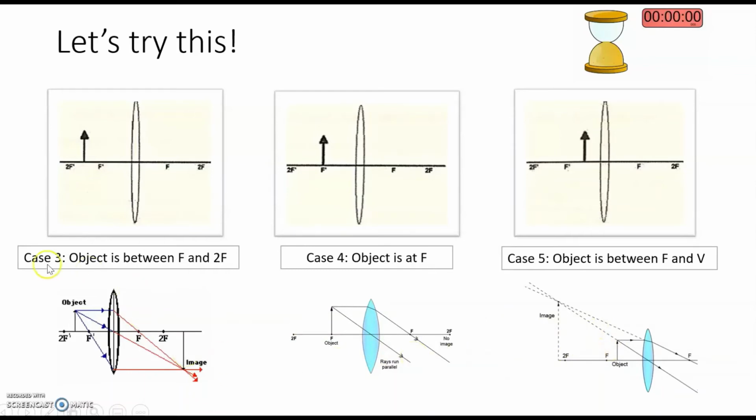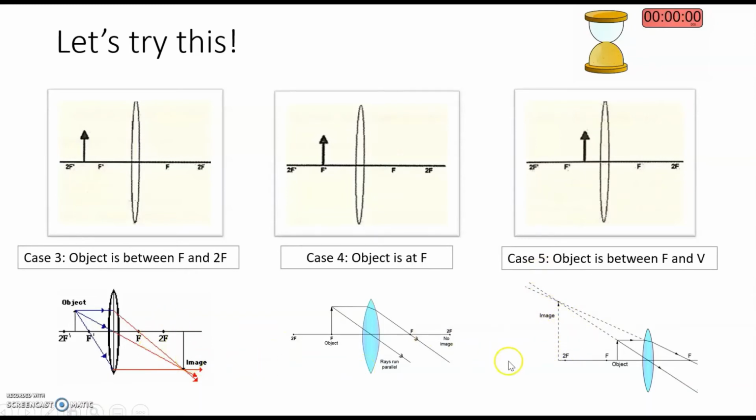Okay, so for case 3, the image is formed here. So this one is the image. For case 4, I can't see an image here. Okay, so there is a note here, no image formed. And then for case 5, the image is somewhere here.